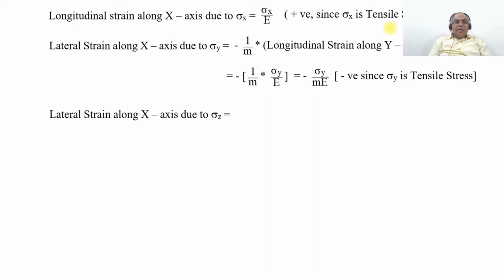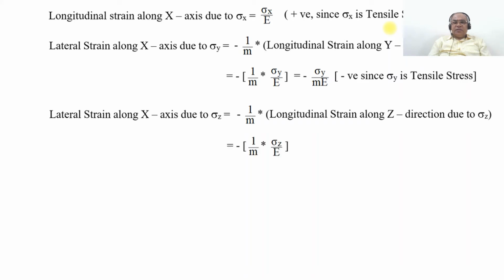Similarly, lateral strain along x-axis due to sigma z is minus 1 by m into longitudinal strain due to sigma z, which equals minus 1 by m into sigma z by E, that is minus sigma z by m E. Again, the minus sign, since sigma z is tensile stress. With reference to the x-axis, the lateral dimension decreases, therefore it is a negative sign.